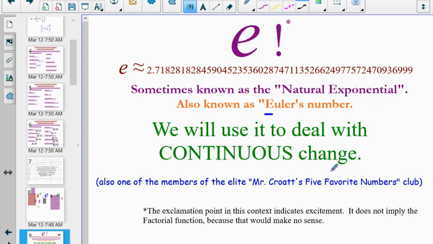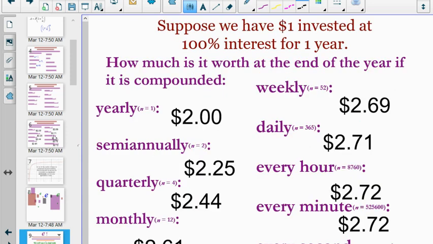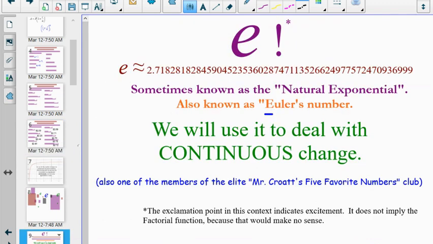We are going to use this to deal with continuous change. Basically, if we take the number of times compounding and let it go not just to a few million times per year, if we're continuously compounding, if we are always compounding, what is the number that it approaches? It turns out to be this number e.